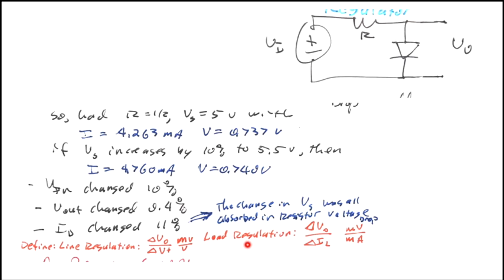And load regulation would be the change in the output voltage for a change in the load current, and that would be millivolts per milliamp. So you could look at a change in the source, how well your line voltage is regulated, or at a change in the load, and how well your voltage regulator regulates the output voltage for a change in the load current.